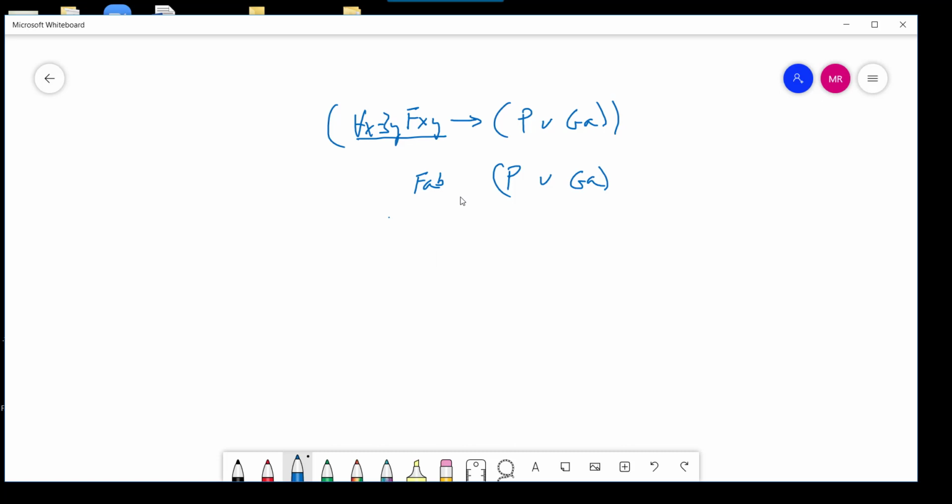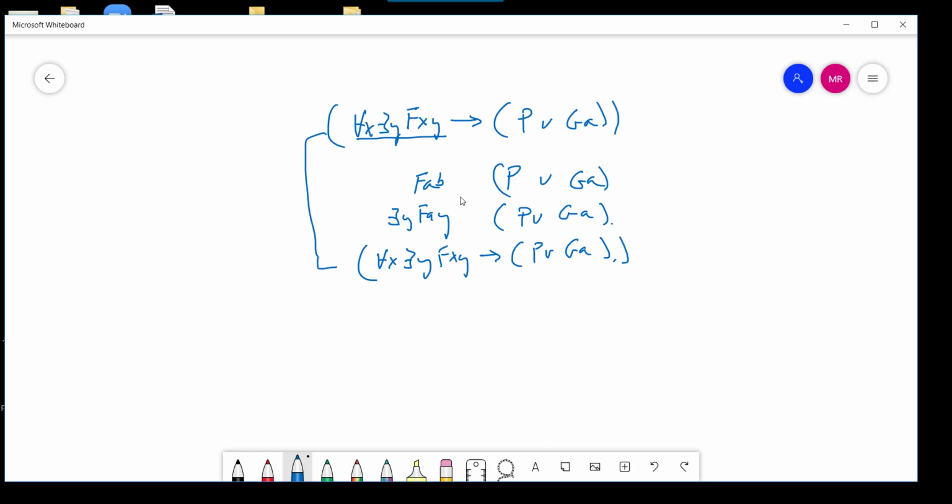All right, and so then Rule 4 is going to tell us that we can do "exists a y, F(a,y)", and you can sort of bring down your "p or G(a)". And then Rule 4 is going to tell us that we can do "for all x, there exists a y such that F(x,y)", and then again you can bring down your "p or G(a)". Okay, so again, so far so good. And then finally, add a conditional with brackets by Rule 3. And once again, we've replicated the formula, and so we know that's a WFF.